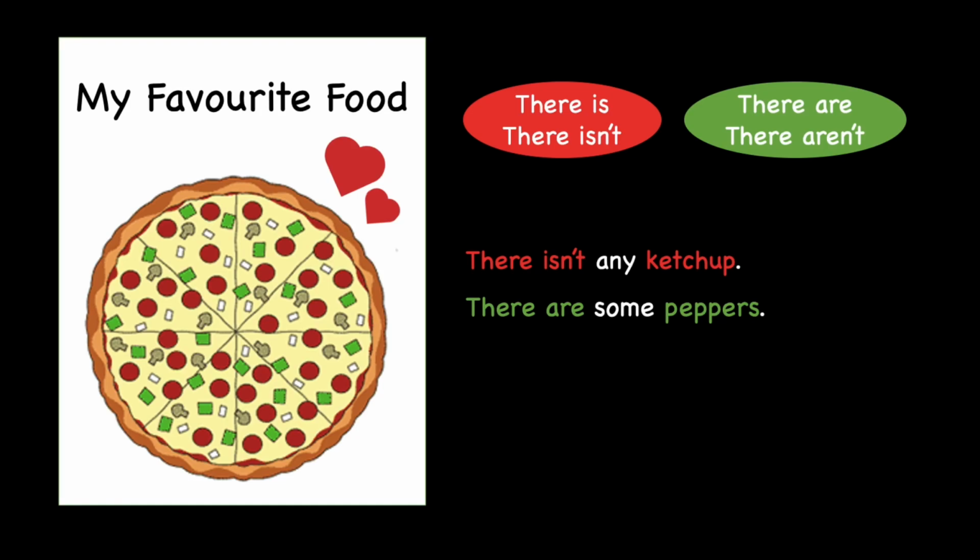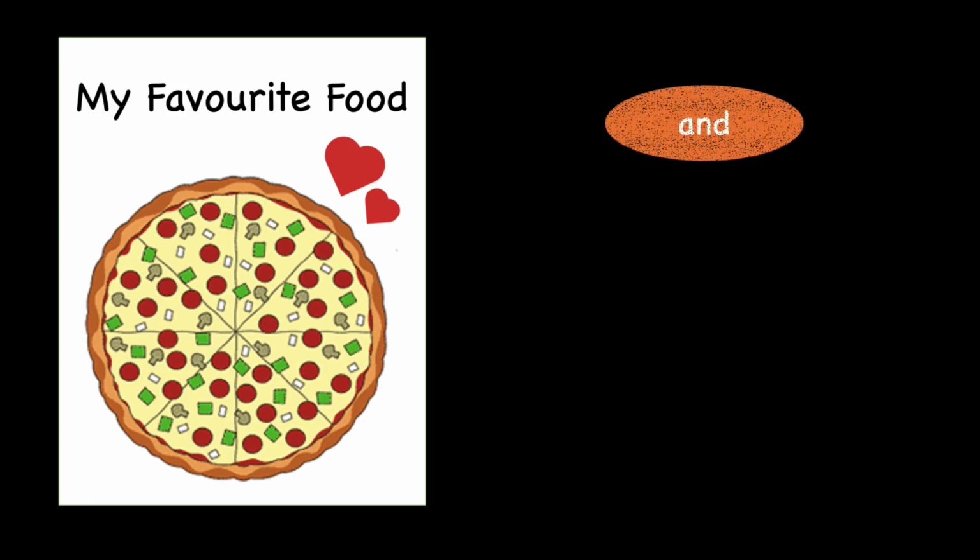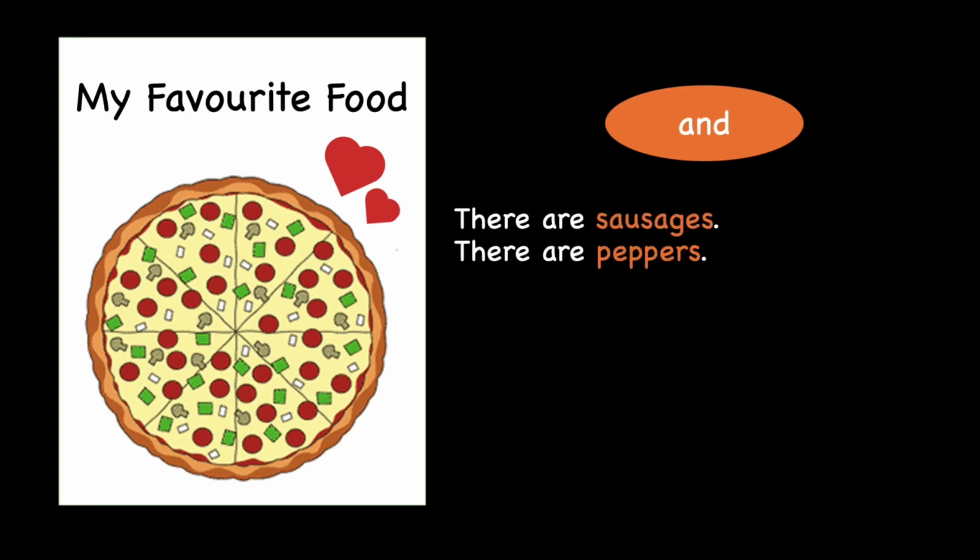Let's move on to the next one. I can also use and when I'm writing about my favorite food. For example, Mr. Pui wants to write about sausages and peppers. I can write, there are sausages, there are peppers.